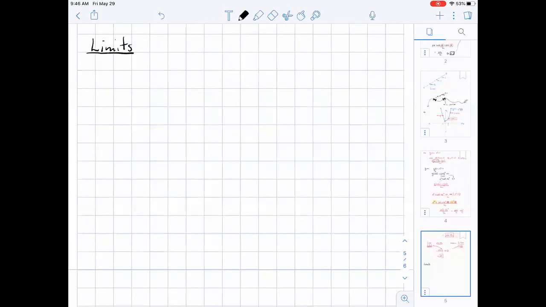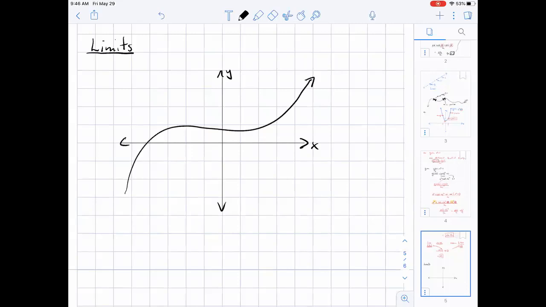In my class notes, it says that limit is really the height of the function at a given value. So for example, if I have the XY axis, and I don't care what the graph is, let's say this is the graph, call it h of x.